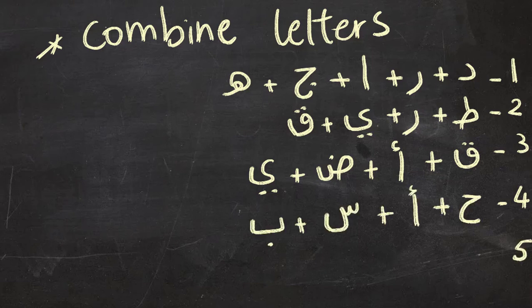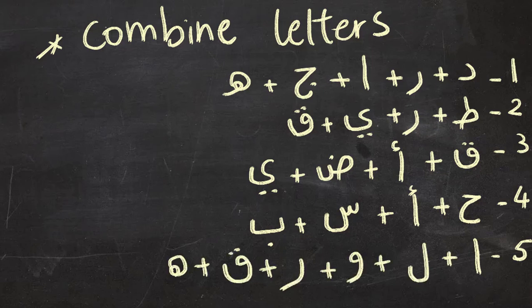The last word of this section. Now is the time for you to pause the video now. Try to combine these letters together to form words using the correct position for each letter. Then I'm going to show you the answers on the screen.